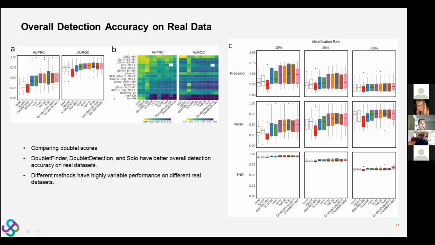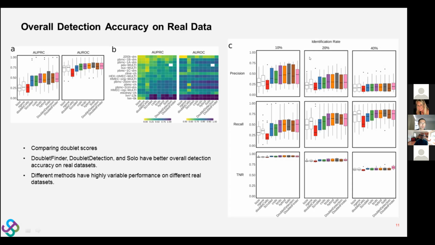It turns out that those three methods, Solo, DoubletDetection, and DoubletFinder, relatively perform well on those real data sets. Also, we found from figure B that the performance of methods is very different on different data sets. Some data sets are easier for methods to find doublets, but others are very difficult.